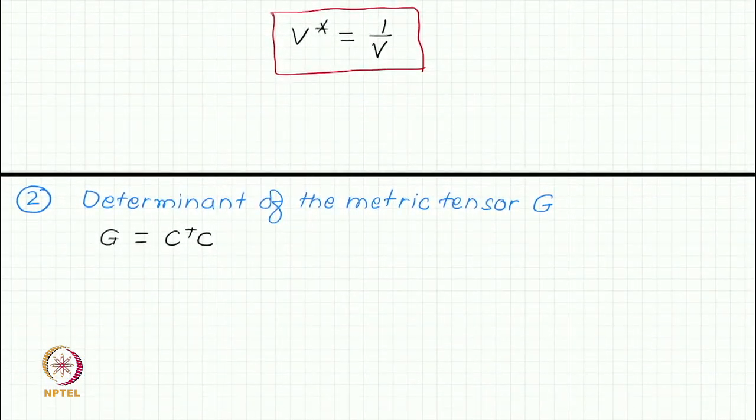Now, what is the value of the determinant of the metric tensor? This is another interesting thing. So, let us explore this. The equation here must be suggesting to you what you will get.